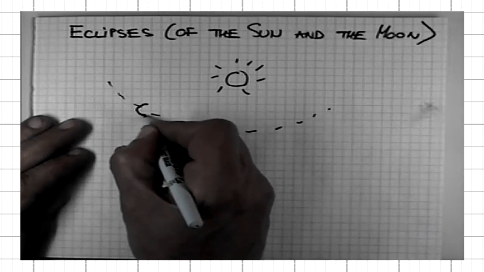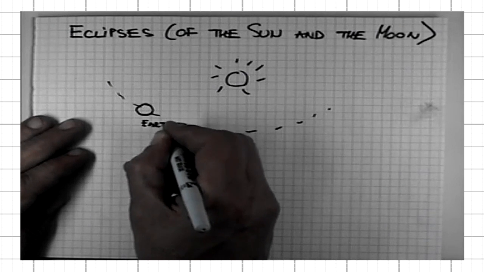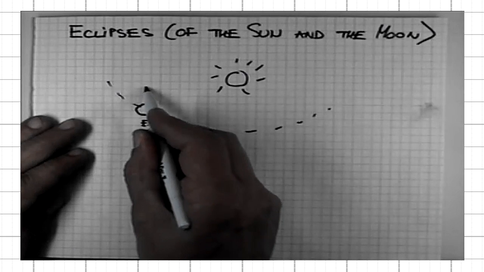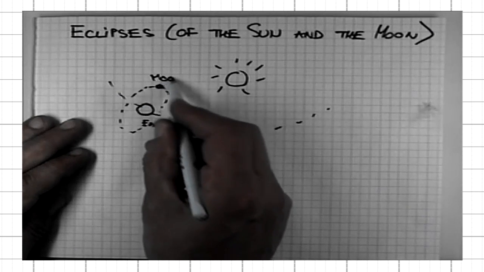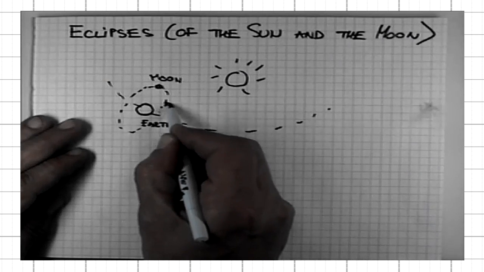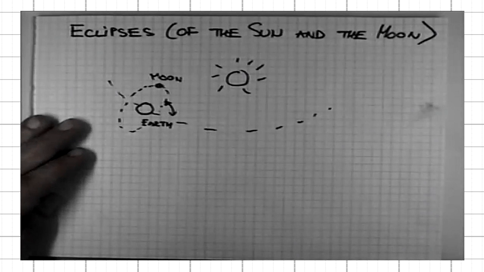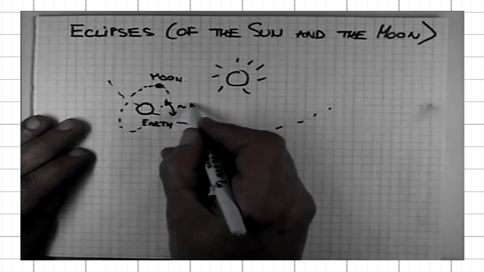Here is the Earth. And then the moon's orbit around the Earth. And the angle between the orbital plane of the moon and the ecliptic is about 5 degrees.